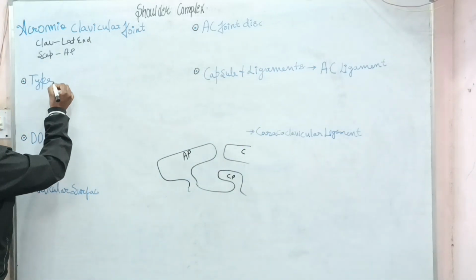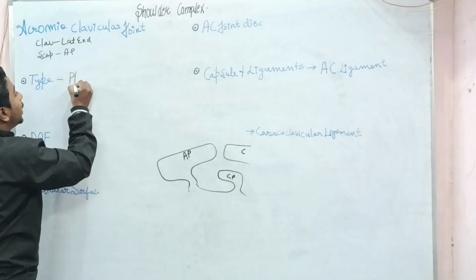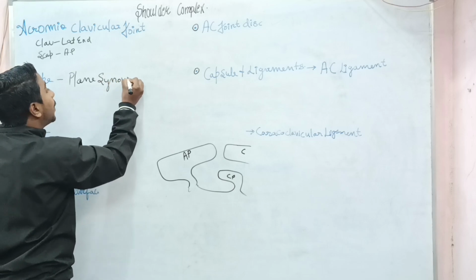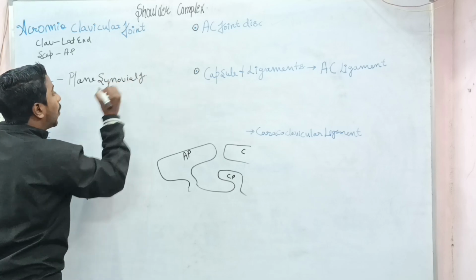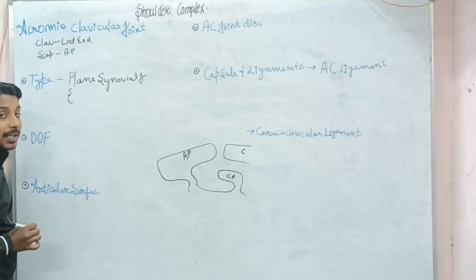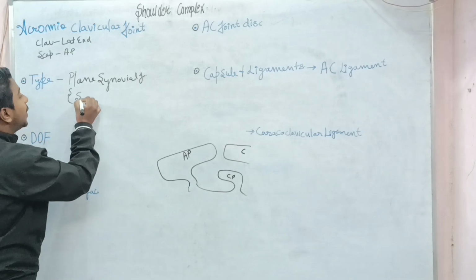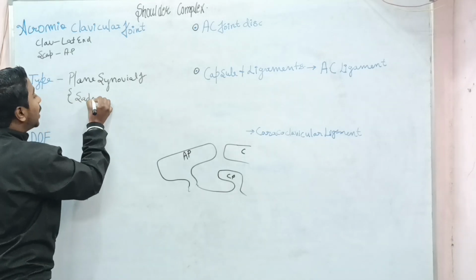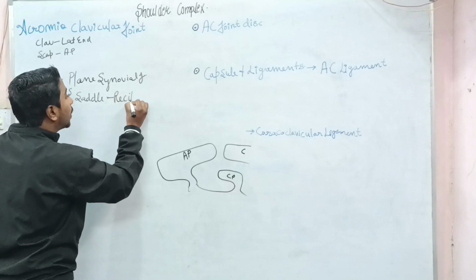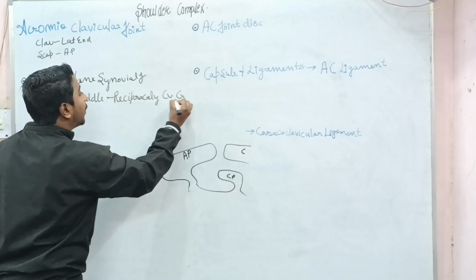Now first of all we will focus on the type of joint. Type: I will write it as plain synovial joint. But in some persons there will be variation, or the surface can be mildly saddle, that is reciprocally concave and convex.